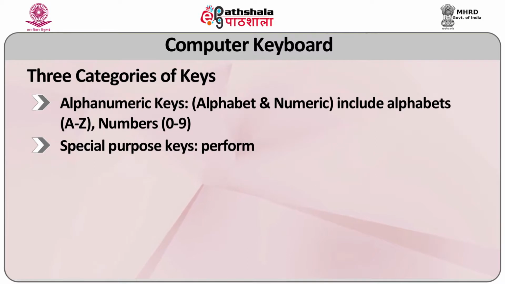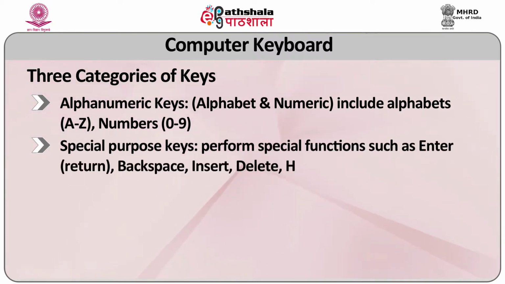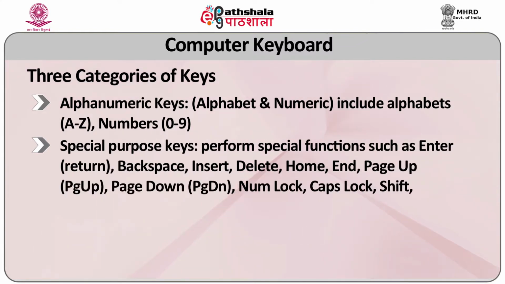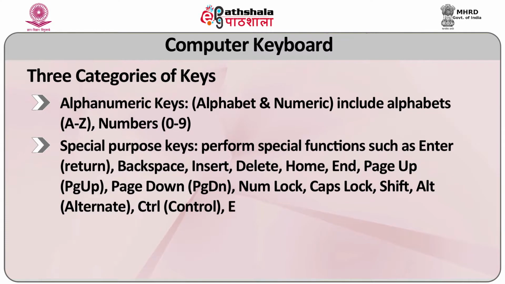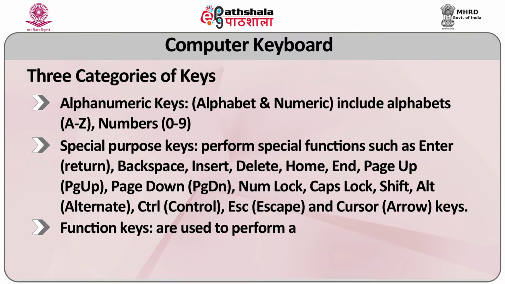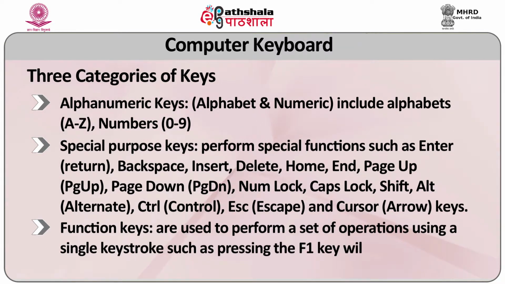Special purpose keys perform special functions such as enter for return, backspace, insert, delete, home, page up, page down, num lock, caps lock, shift, alternate, control, escape, and cursor keys. Function keys are used to perform a set of operations using a single keystroke, such as pressing the F1 key will take us to the help feature.